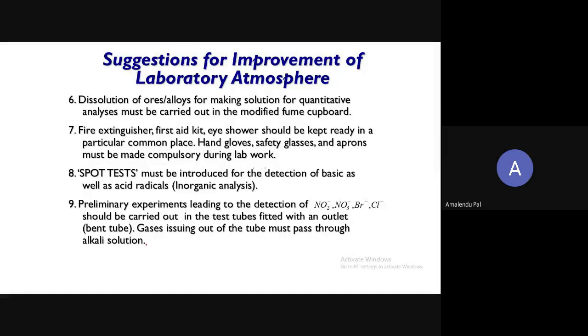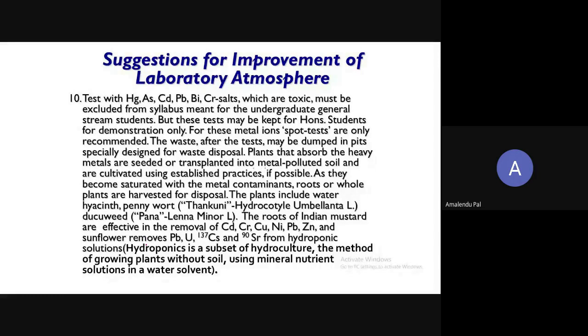Anyway, now we are coming to a very important thing. That is what you do, tests with mercury, arsenic, cadmium, lead, bismuth. All these basic radicals, these cations, are toxic. I don't know whether mercury is still in the undergraduate syllabus or not.